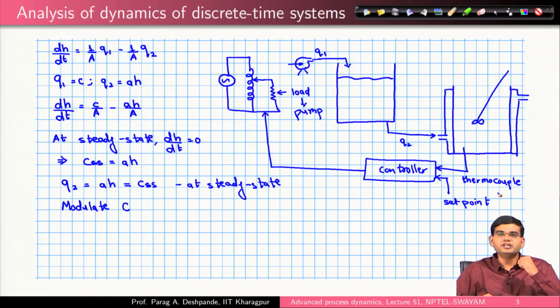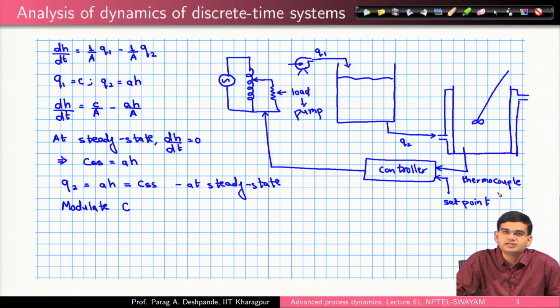Okay. So, why do we need an analysis of response of the system in discrete time domain? This has become imperative in today's context, because these days the control algorithms in process plants are implemented by digital computers, and if you are going to deal with digital computers, you must know how to analyze the dynamical response of systems in discrete time domain.